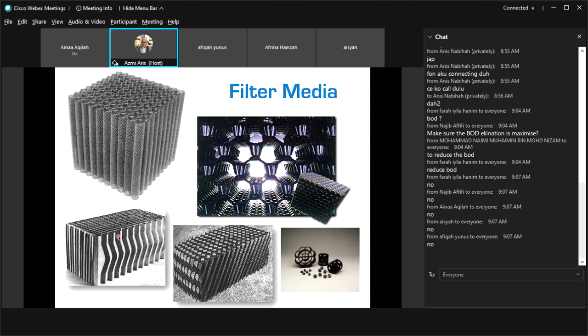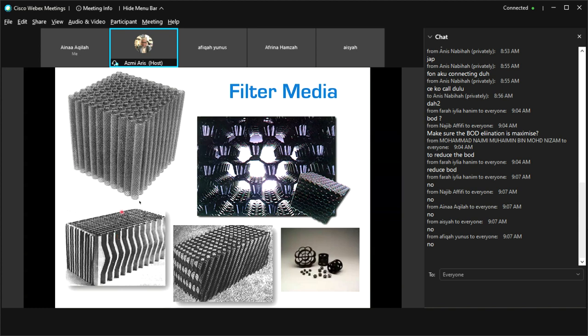Okay, before that, just for clarification again, why do we call it trickling filter in the first place? As you can see just now, the wastewater trickles from the distributor. That is why we call it trickling.